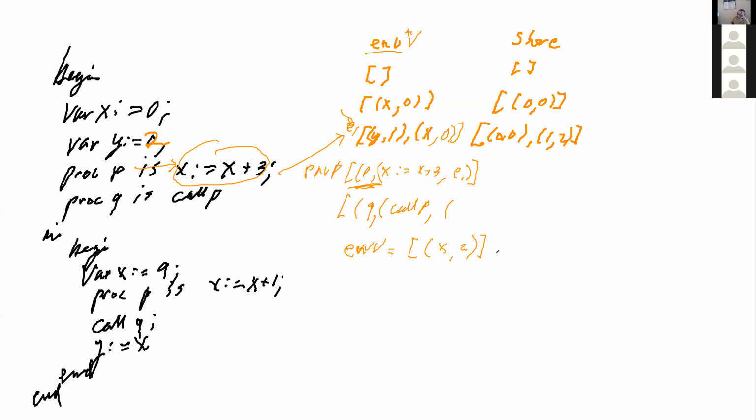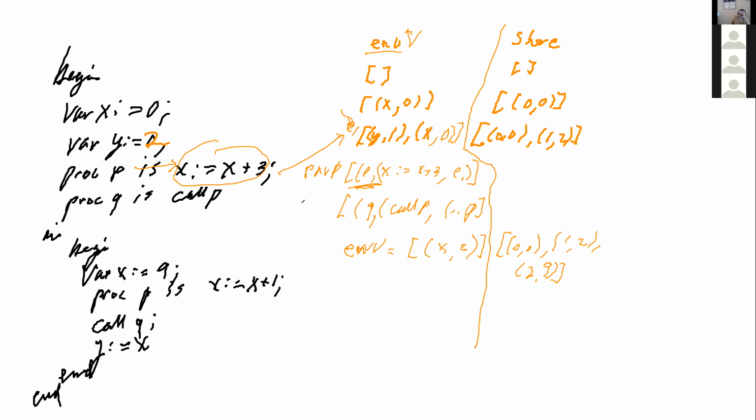And memory location 2 has value 9. So this is the store, this is the environment, and now I update this, and this one has the P in it also.